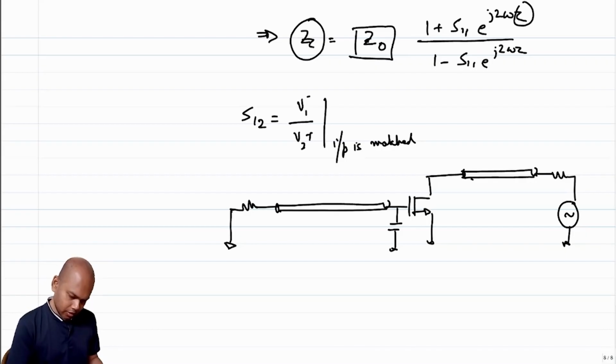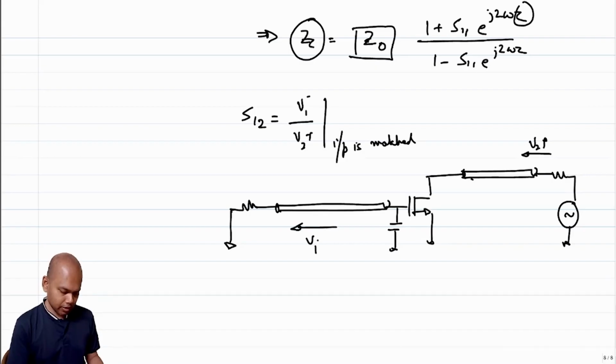So let's assume that we have a V2 plus and we are trying to find out V1 minus. What is V1 minus? V1 minus is this.